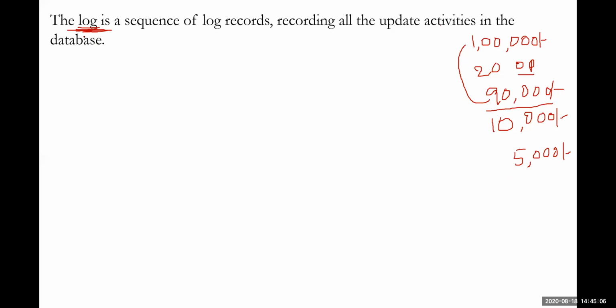How many withdrawals have happened today? 20 withdrawals. How much amount has been taken from the ATM? 90,000. How much remains within the ATM? That is 10,000. But how much is available with the ATM physically? That is 15,000, because even 5,000 has not been taken. So it will be 15,000.